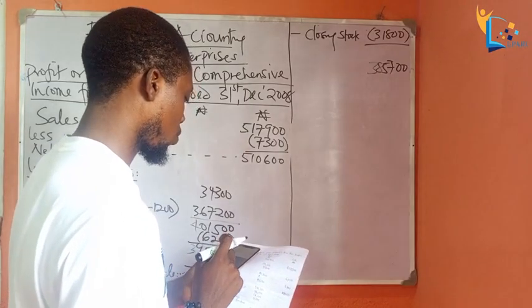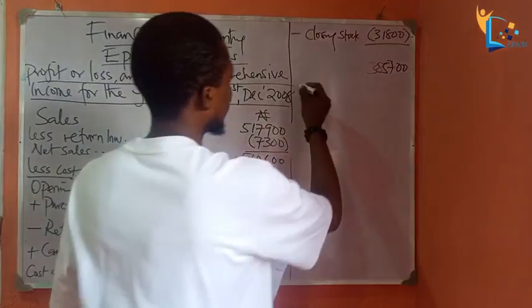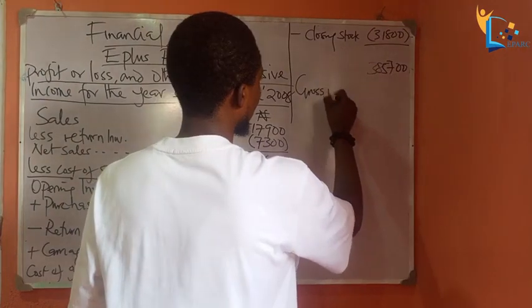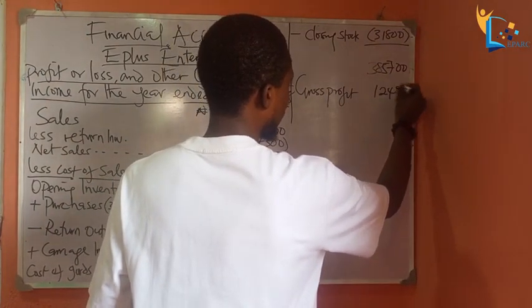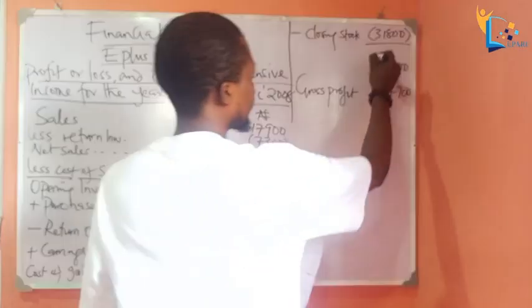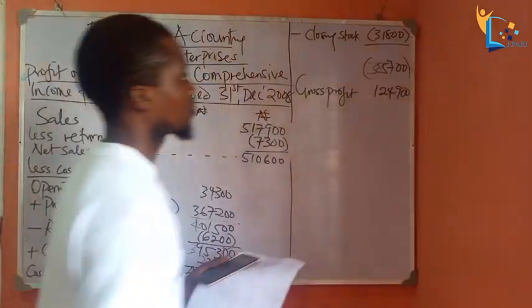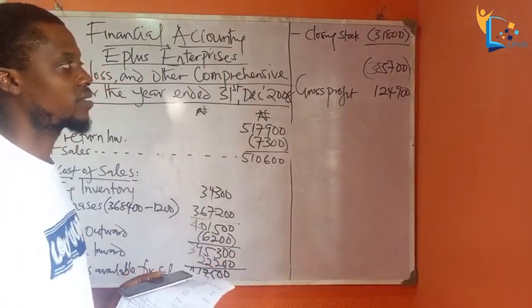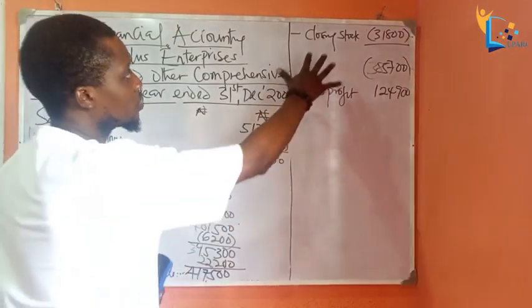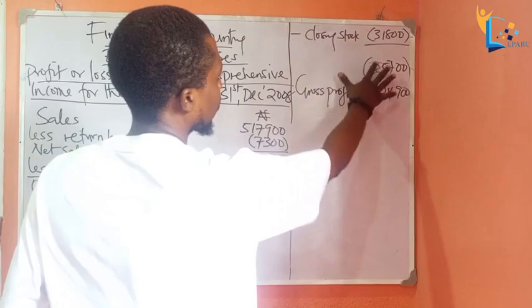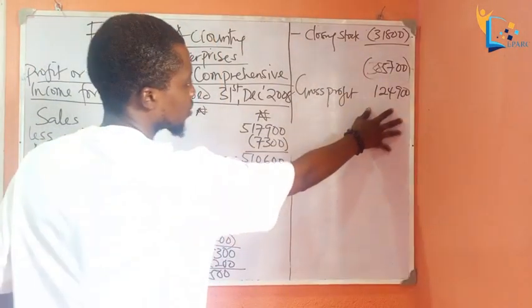You get 124,900. So gross profit is 124,900. Okay, please take notes. Are we together? Okay, so this is our closing stock. Okay, so this is our gross profit.